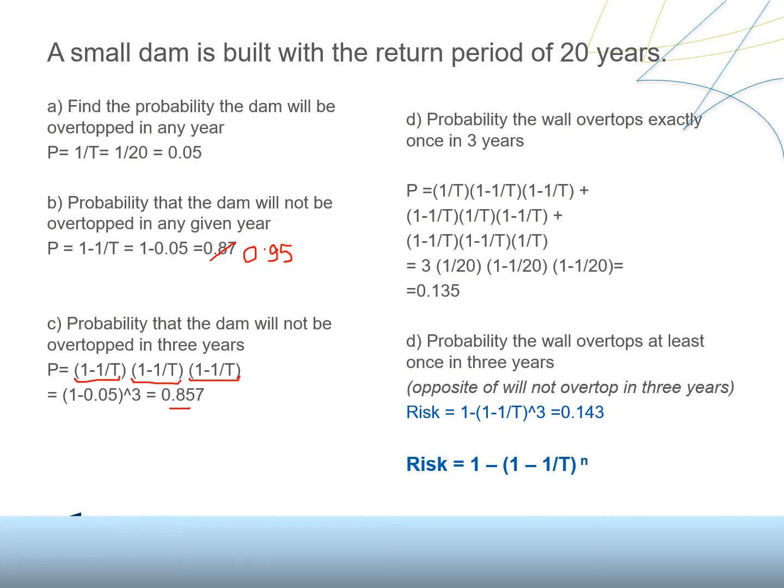So the probability that the dam will not be overtopped in any given year is 0.95, but the dam will not be overtopped in next 3 years is 0.857. Okay.